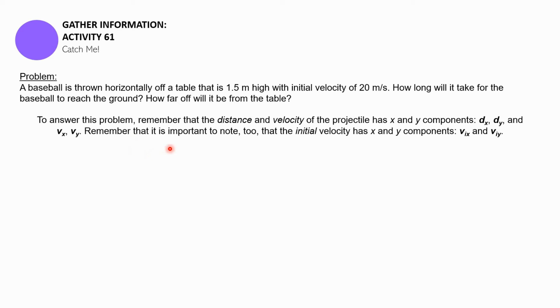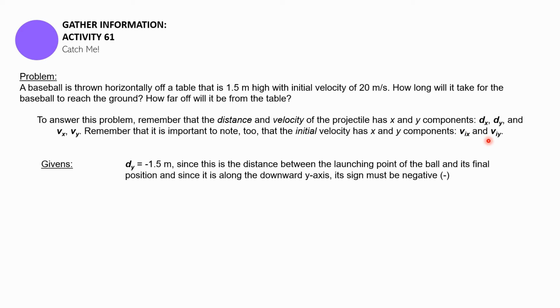So remember that it is important to note too that the initial velocity has x and y components. So itong velocity na to, iba pa to sa initial velocity. Okay, so velocity only refers to the amount of displacement covered by the projectile per unit time. Whereas this is referring to the velocity of the projectile in the beginning.